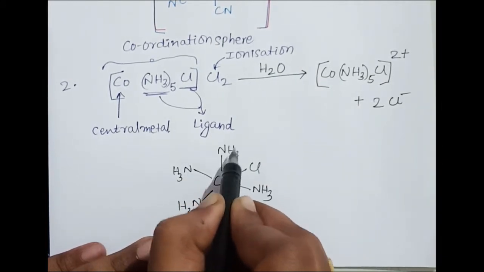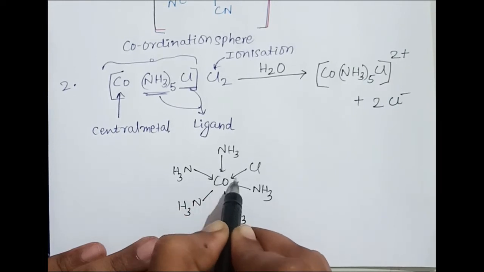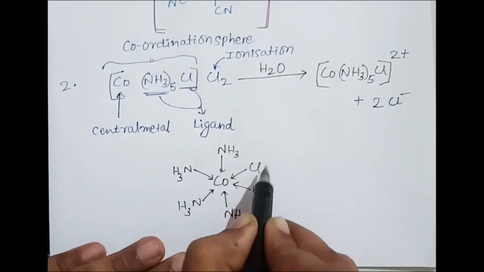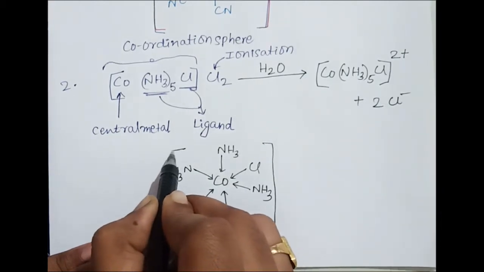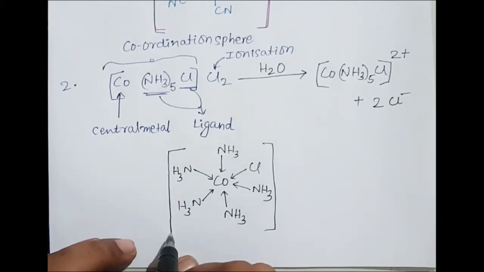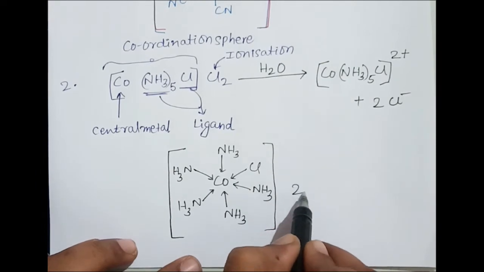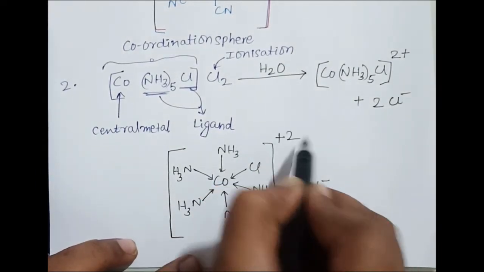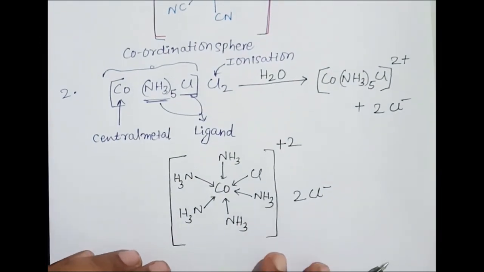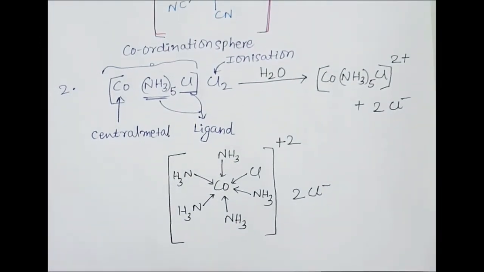This is called an octahedral structure. And outside this group, what is there? 2 Cl minus ions, 2 chloride ions, and the charge will be plus 2. So this is all about the basic terms. Understood this one? Yes. Now next one.